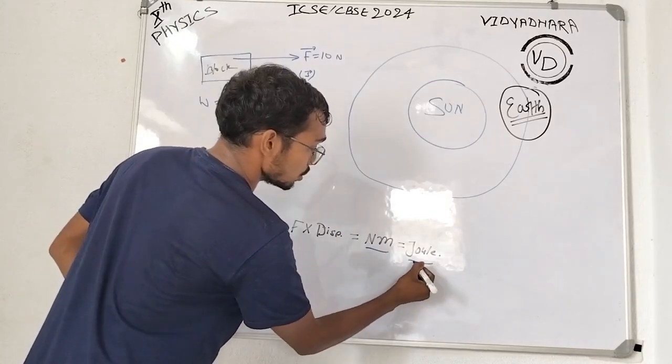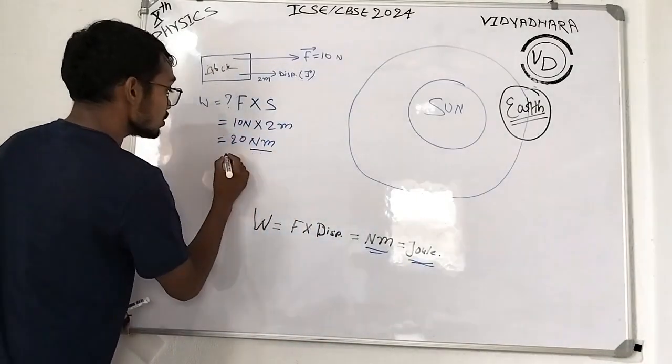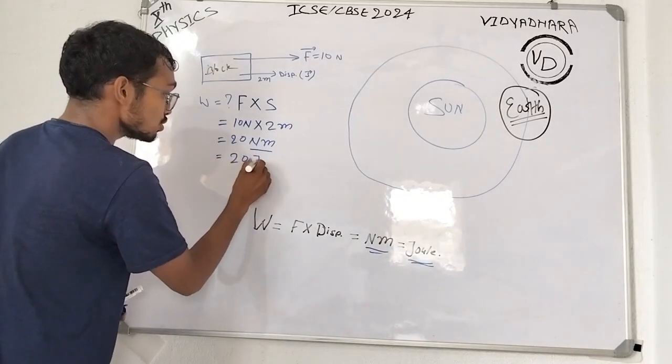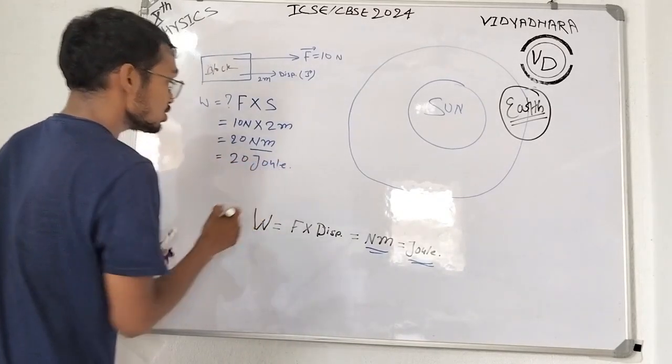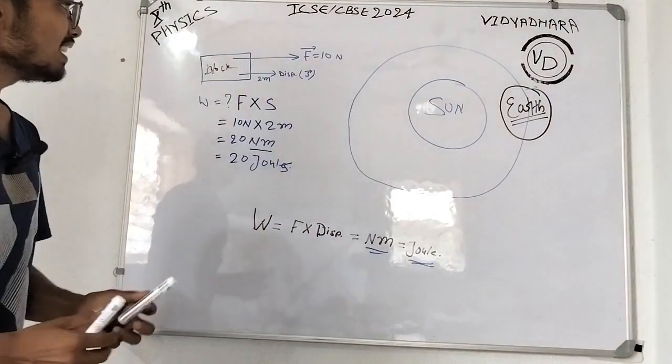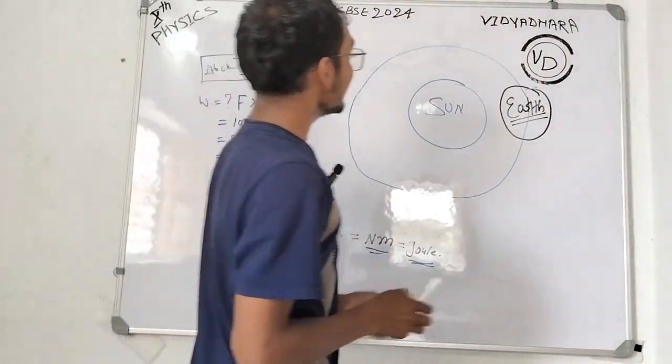Newton meter is Joule. So we have 20 Joule. Okay, next question.